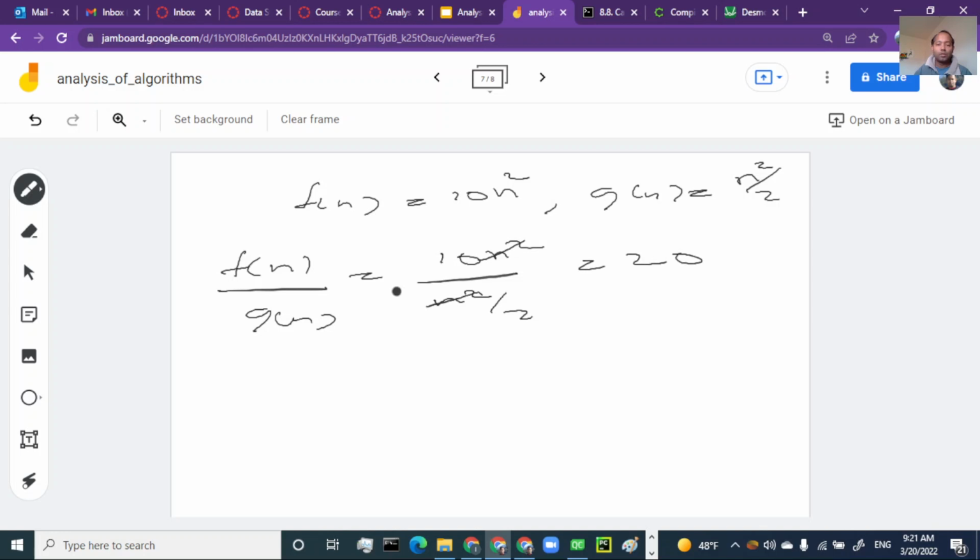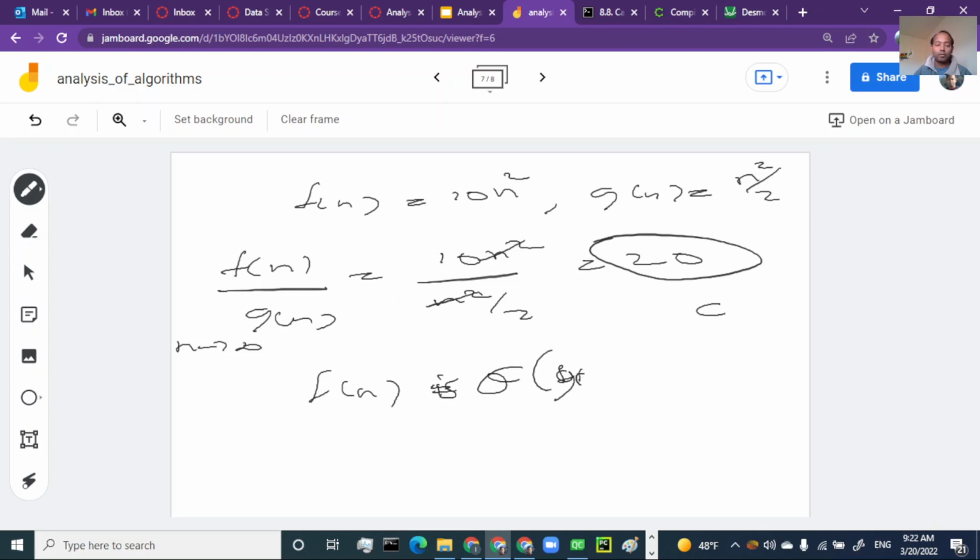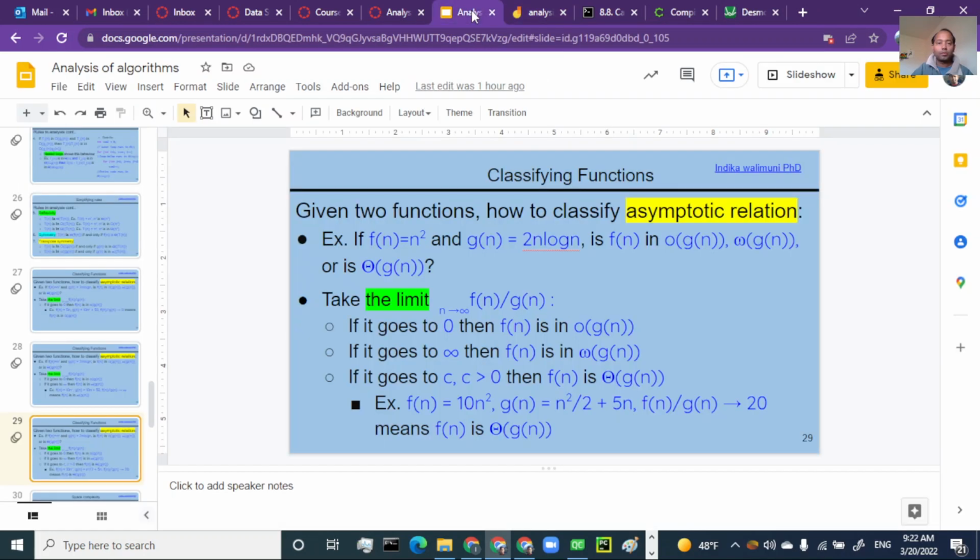It's 20. So this is that constant that we were talking about. So when n goes to infinity, this is approaching 20, right? So that means Fn equals big theta, you can write it equals or is, of Gn. All right. So let's continue.